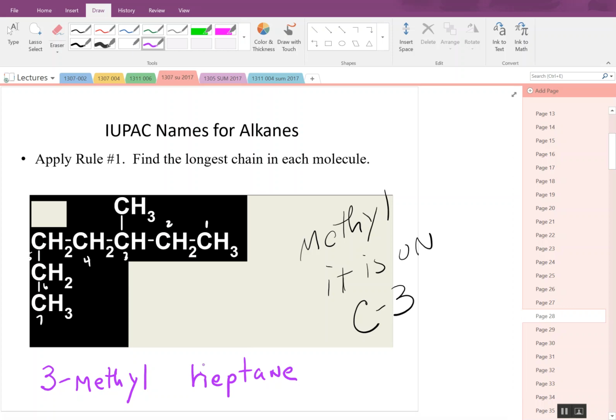That's the name of that molecule. The 3 is telling us the location of the methyl group. It's on carbon number 3. Heptane is the parent name of the molecule, and then we're naming the substituents.